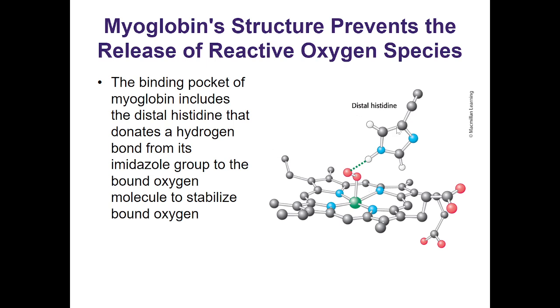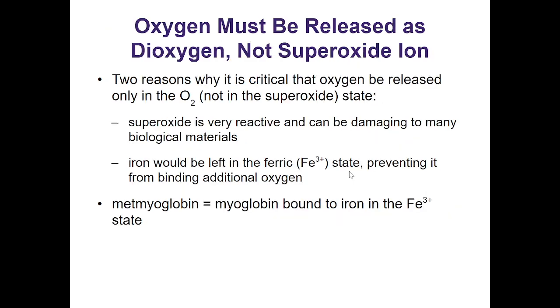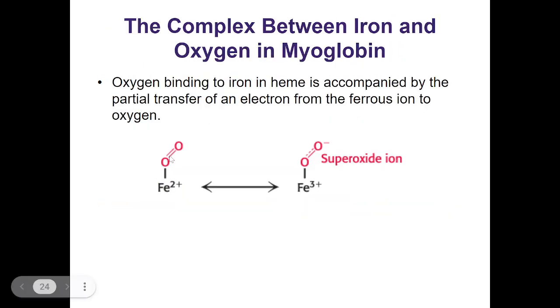All right. So again, this is that binding pocket for your myoglobin. It's going to include one more histidine that we have to talk about. Remember, below the iron is the proximal, right? Above here, not attached to the iron, is the distal histidine. The distal histidine is going to stabilize that oxygen. So it's actually going to donate a hydrogen bond from this imidazole group to that bound oxygen here, which is going to help to stabilize the bound oxygen in this form.